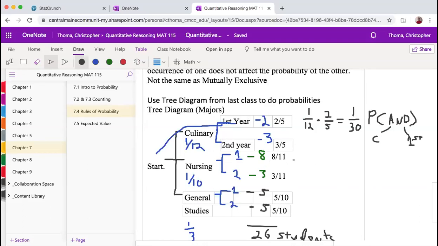I think so. Yes. So now if I do nursing real quick, and I'm gonna do just first year. So nursing 1/10 times 8/11, because I'm only doing first years. Then this equals 4/55.